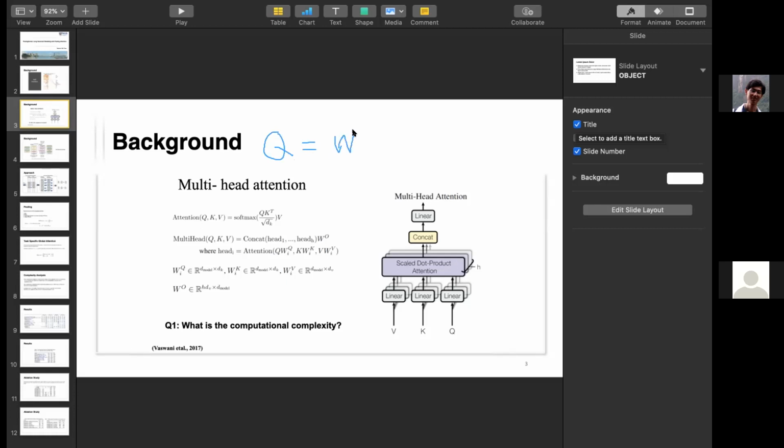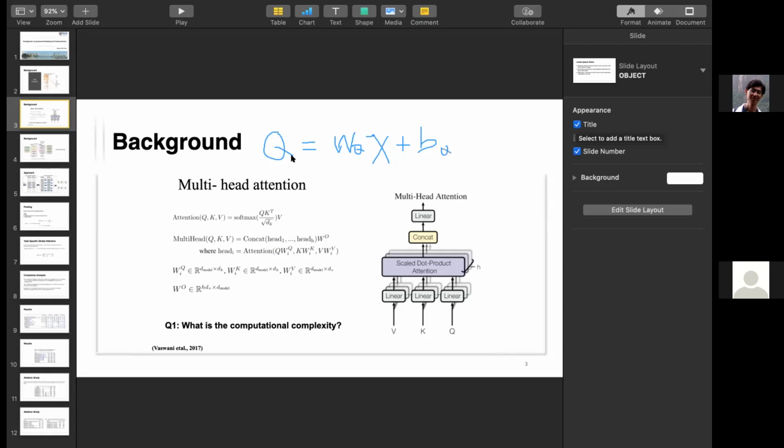Okay. So, for example, the matrix Q here is the linear projection of the embedding X, by using the weighting matrix: WQ times X plus BQ.